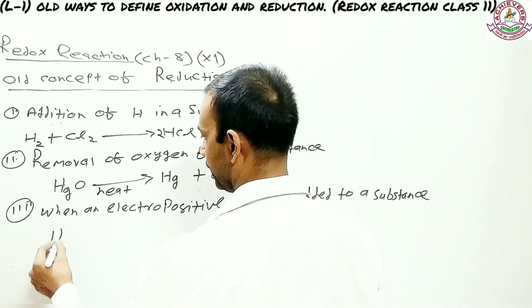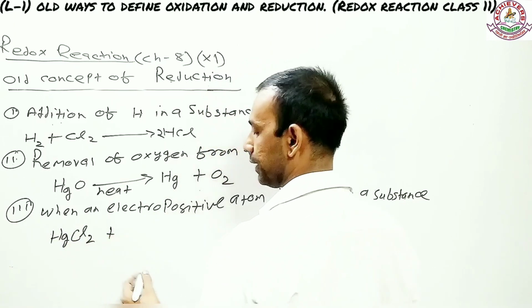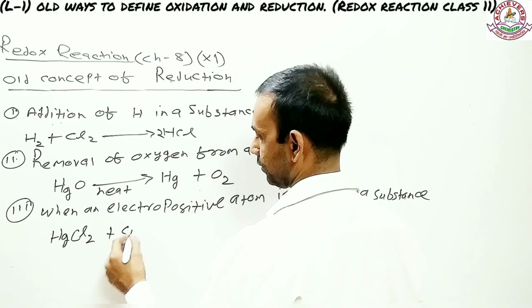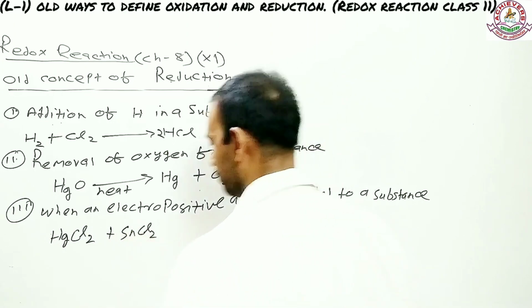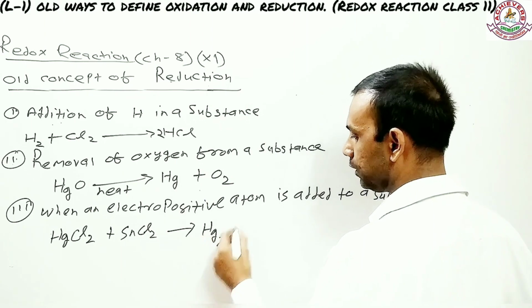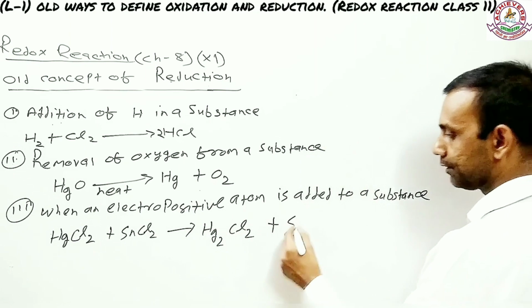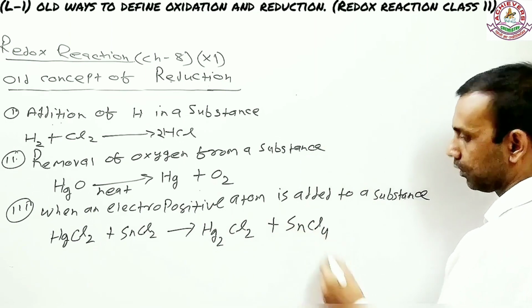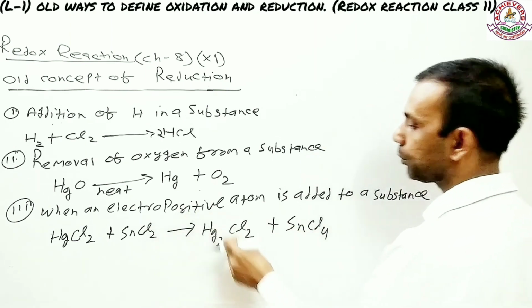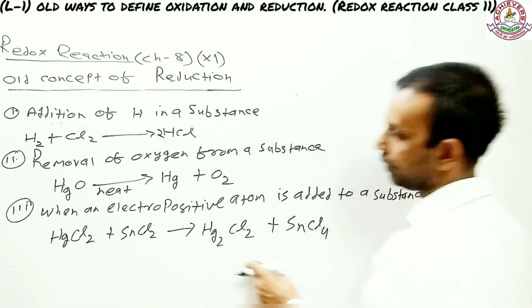Take the example here. Suppose mercury chloride reacts with tin chloride, SnCl2. Now what they do, it forms Hg2Cl2, and along with that it forms SnCl4. So what is happening here? An electropositive atom is added. There is one mercury, but what you see out here, there are two mercury.